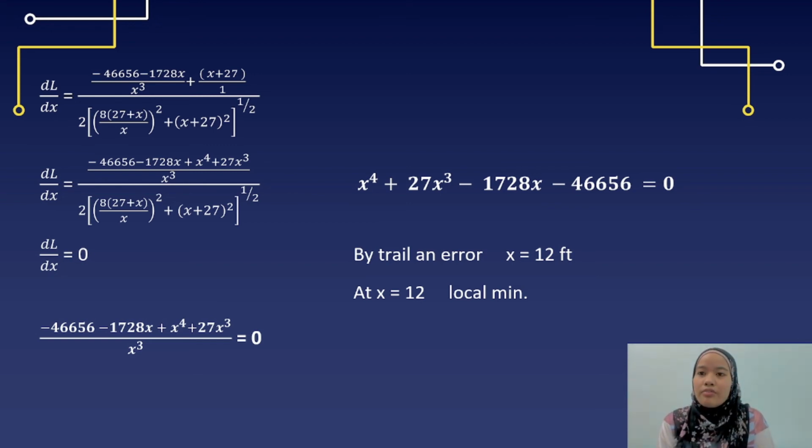So we can have our numerator equal to 0. After that, we will have our final result, and what we can do is use the trial and error method to get our x value, which is x equals 12 feet, and that is our final value. So I think that's all from me.